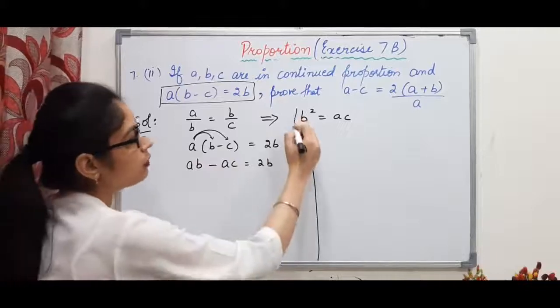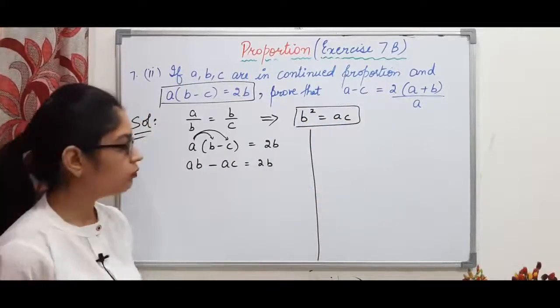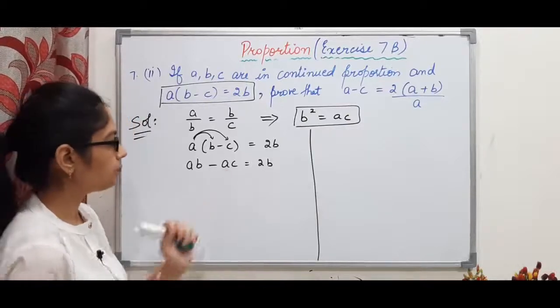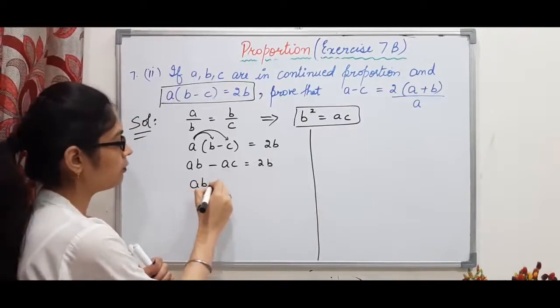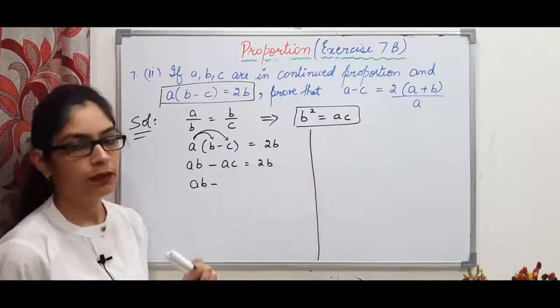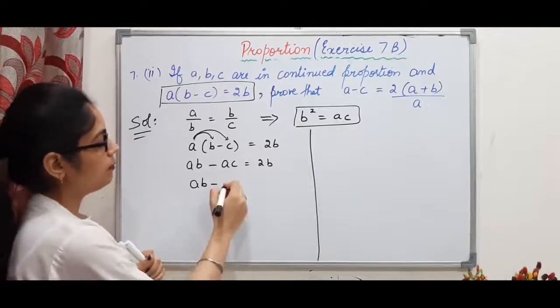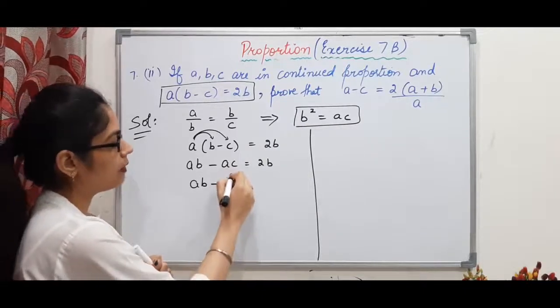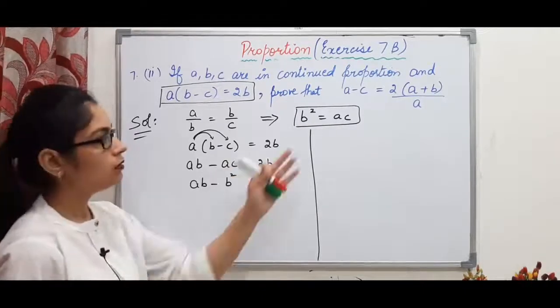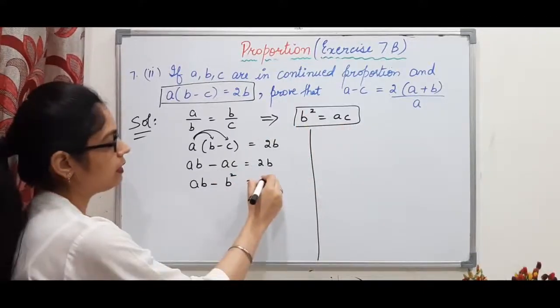Because it is given to us that b square is equal to ac, so somehow we have to make use of it. ab as it is, and ac is equal to b square, because a, b, c are in continued proportion. So I will write b square in place of ac, just substituting the value, equal to 2b.